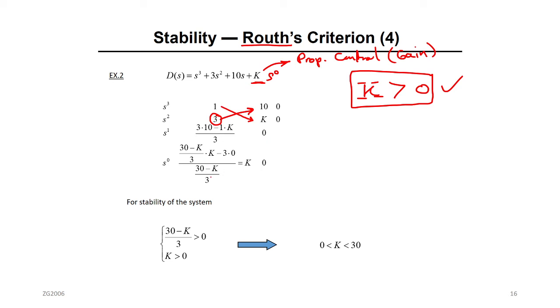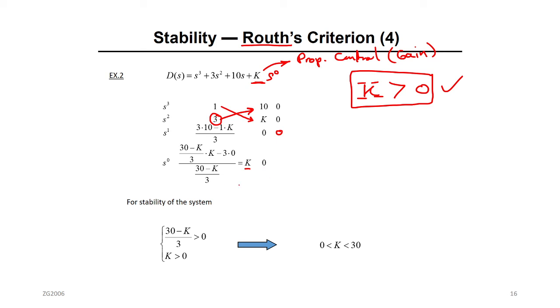This coefficient will be the resulting number here, times K, minus 3 times 0, divided by this number, which after calculation is going to be K, by the way. This number will be the number here again, times 0, minus this number times 0, nothing here, so it's going to be 0. Then you stop. We're done.